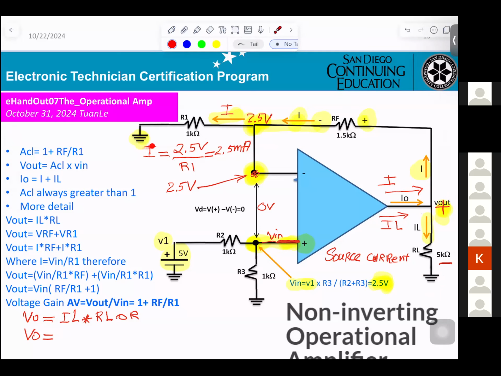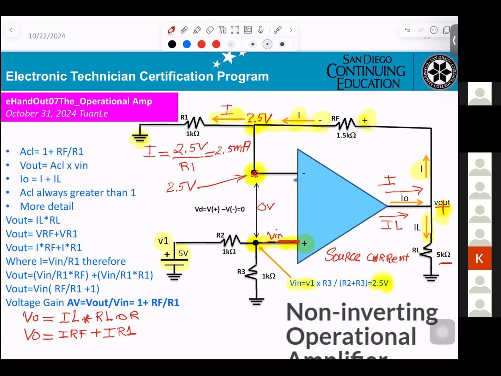Another way, VL will be equal to the voltage drop across RF plus the voltage drop across R1. So it will be equal to I times RF plus I times R1. Both are the same VL.